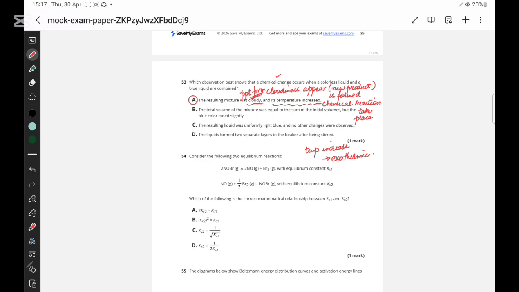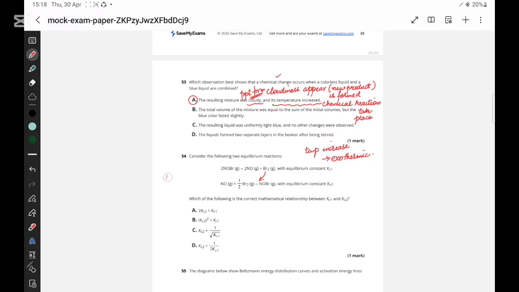Then consider the following two equilibrium reactions, reaction 1 with equilibrium constant Kc1 and reaction 2 with equilibrium constant Kc2. Now they are asking what is the relationship between them. If you see the second equation, the reaction is reversed and also divided by 2.